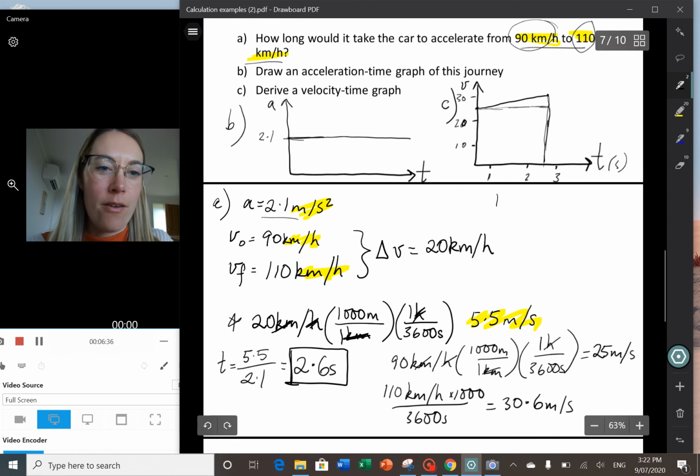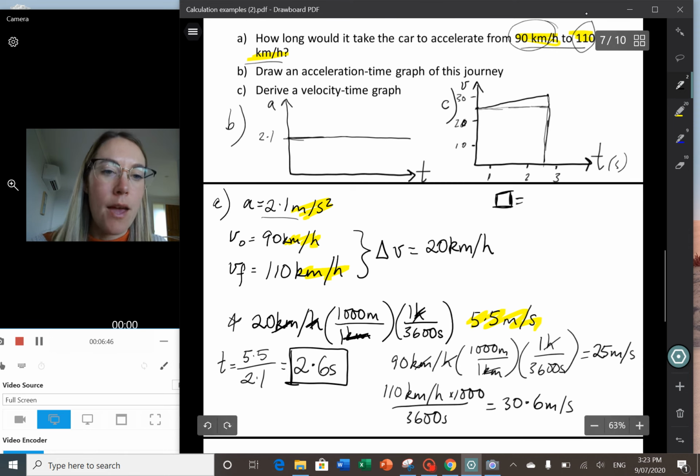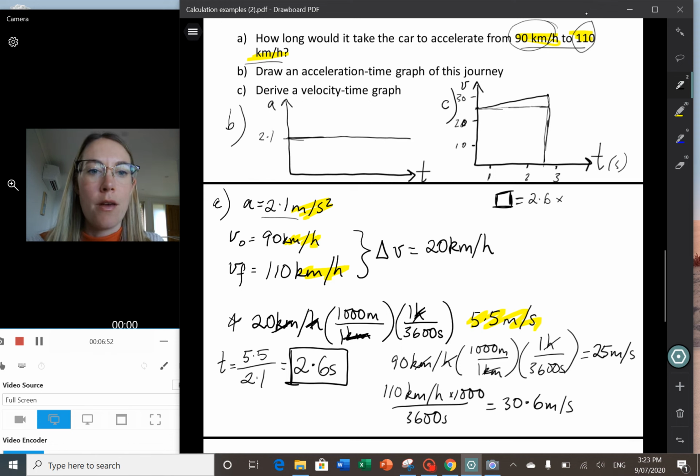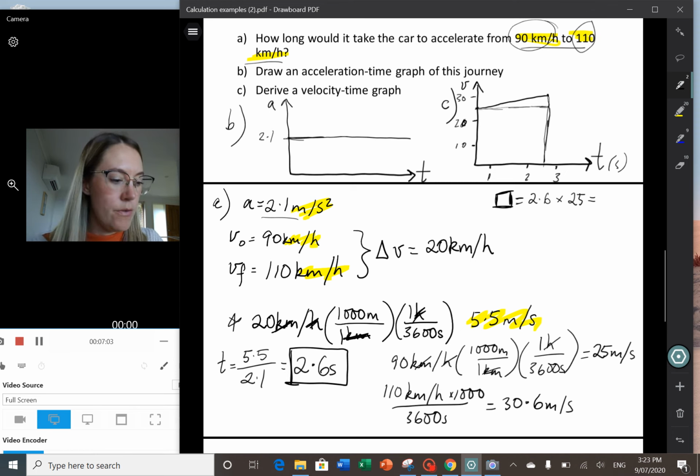So calculating the size of the rectangle on the bottom, I'm going to multiply the length by the width. The length according to the time, the x-axis, is going to be 2.6 because it's 2.6 seconds, multiplied by the height on the velocity, the y-axis, which is going to be 25, which is going to give me a value of 65 meters.